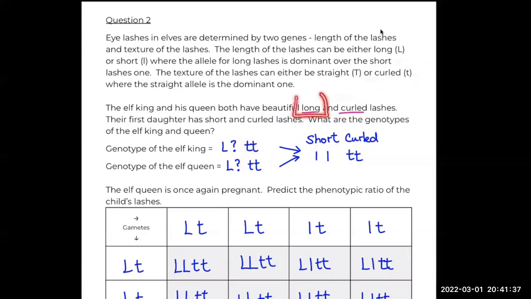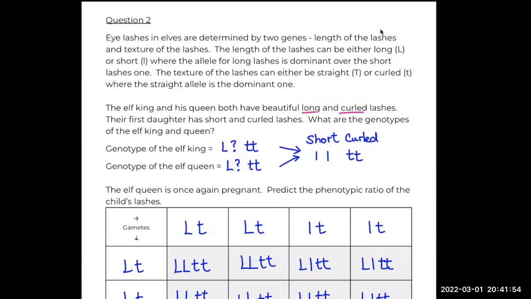Now, about the long lashes, because long is a dominant trait represented by a big L, we know that it can either have 2 big L's or 1 big L and 1 little L, and it will still give them long lashes. So we don't know about the second one.